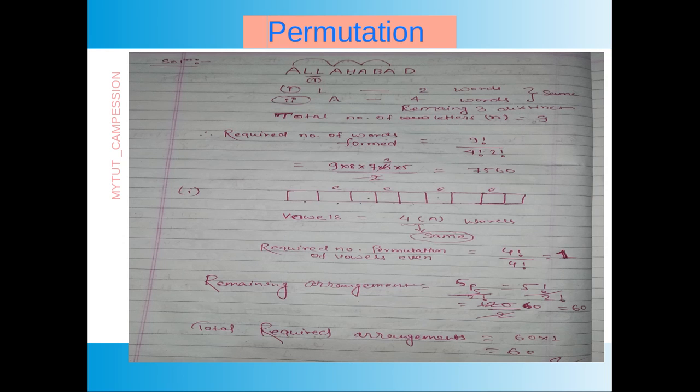So two L's are the same and four A's are the same. Required number of words formed equal to 9 factorial divided by 4 factorial 2 factorial. You can solve. We get 7560.